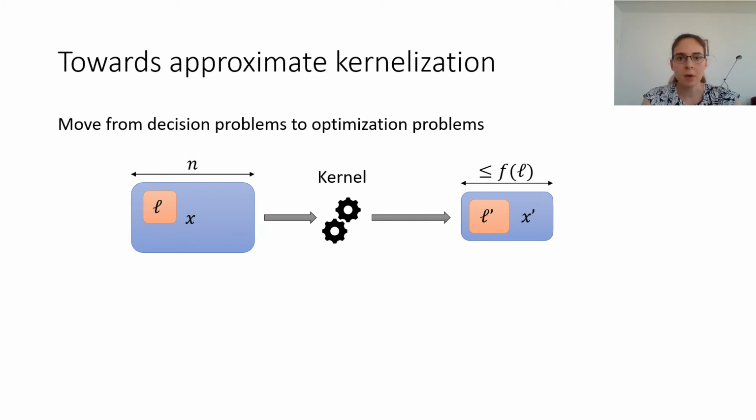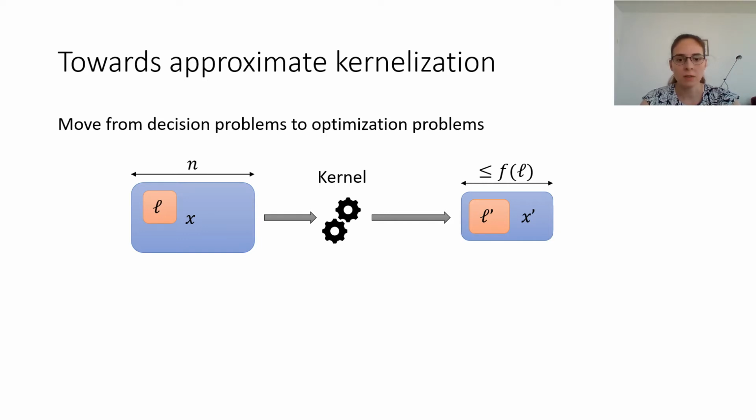Okay, so to think about approximate kernelization, first of all, we need to move away from decision problems towards optimization problems. So the first thing I want to think about is what would just an exact or one approximate kernel look like? First of all, it's still just a kernelization algorithm, and we still have that the preprocessed instance must be small.